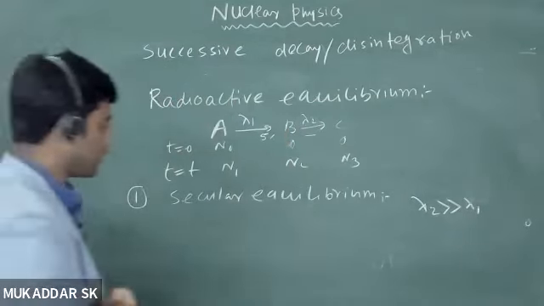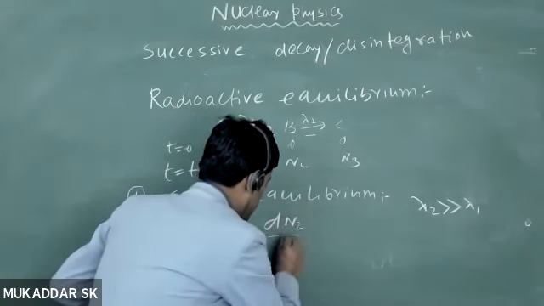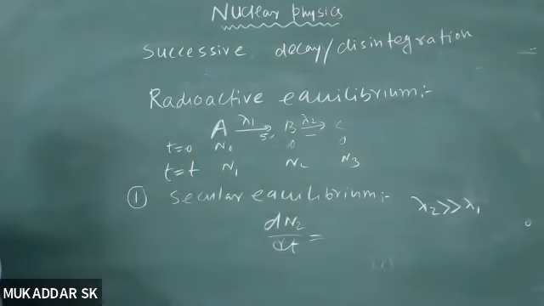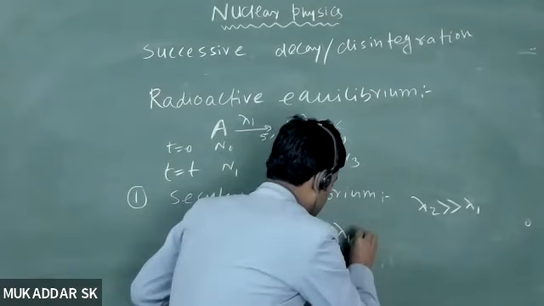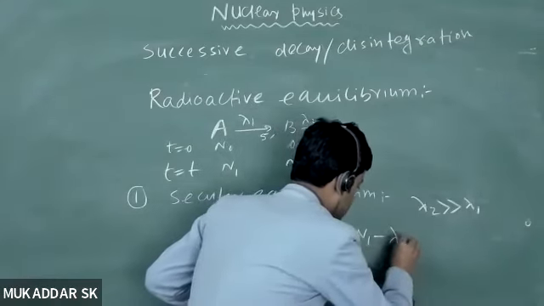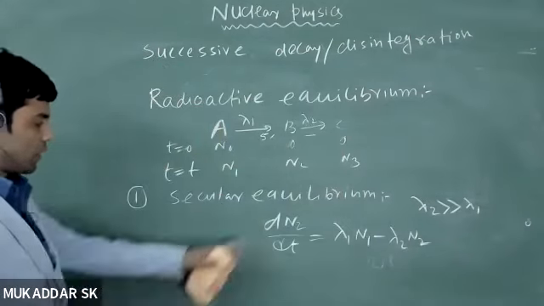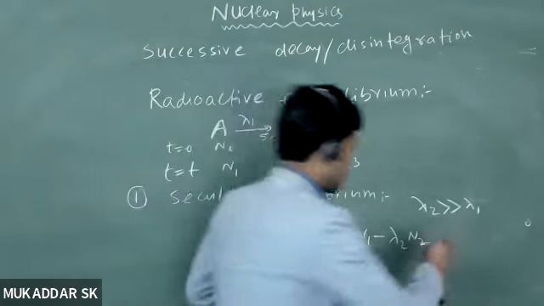But under secular equilibrium, can I say that dn2 by dt, dn2 by dt का एक्सप्रेशन क्या था, that rate of change of B nuclei was like you have lambda 1 n1, that was production rate, and there's a decay rate lambda 2 n2. So under secular equilibrium, this dn2 by dt is 0.